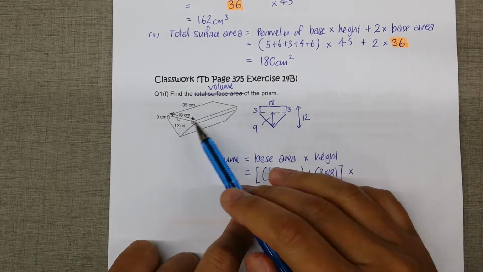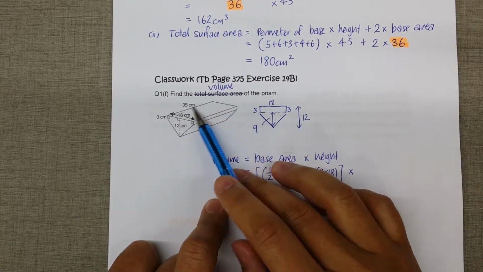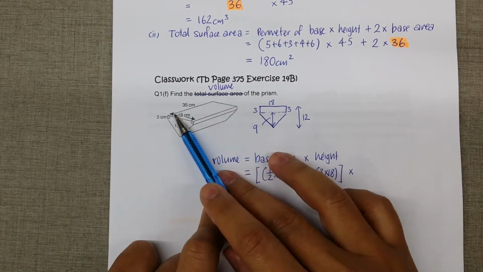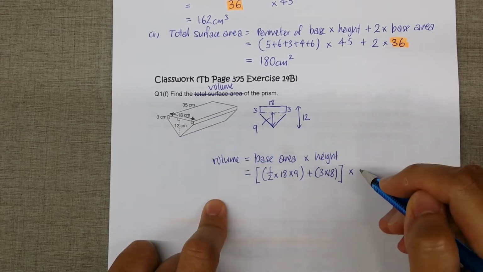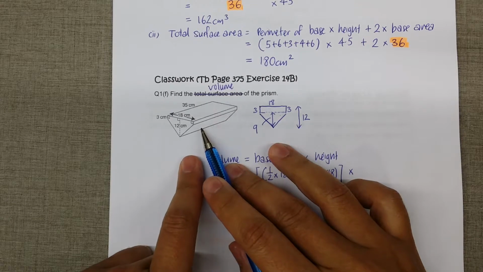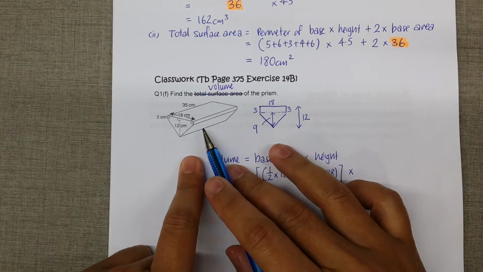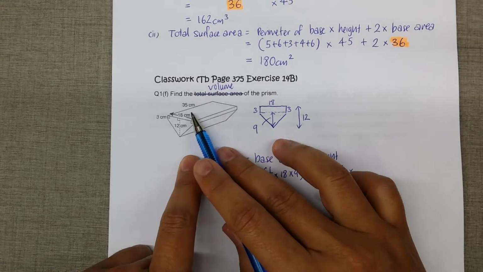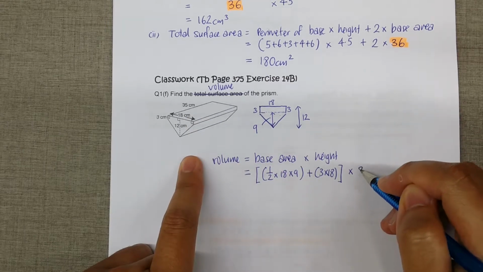Where's the height? Oh, for the prism the height will be 35. Okay, 35 cm. Imagine that this prism is standing, so the height will be 35 cm.